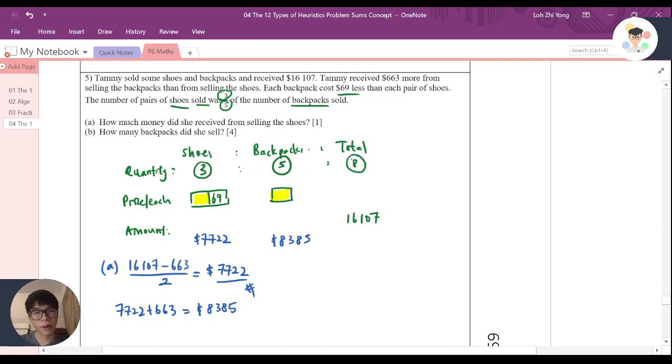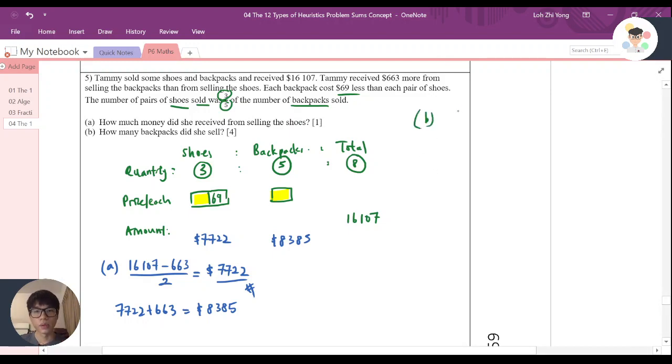The very important part is that here is 3 units, here is 5 units, and this is the amount. So I use 7722 divided by 3 and 8385 divided by 5 to compare at the same level, whereas here I have 1 unit, 1 unit. What is the difference?